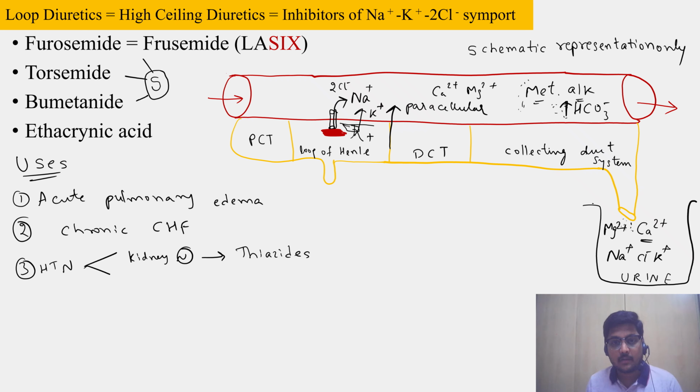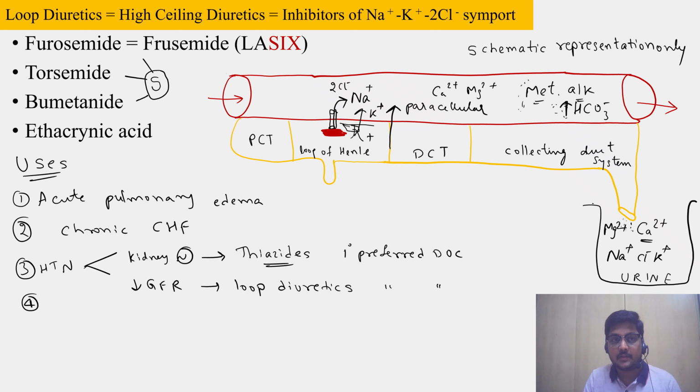When the kidney is normal, thiazides become the first preferred drug of choice. But if we notice the kidney is physiologically a bit compromised, that is, we see some age-related decrease in GFR, then the hero will be loop diuretics. Then loop diuretics come into play. These become the first preferred drug of choice.